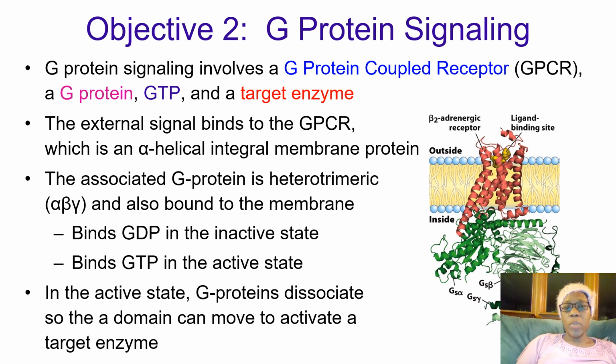And this G protein is only active when it's bound to a GTP. When it's inactive, it's bound to a GDP. This G protein gets activated by binding of the beta adrenergic receptor, and it can actually dissociate and activate its target enzyme, which is not shown here.